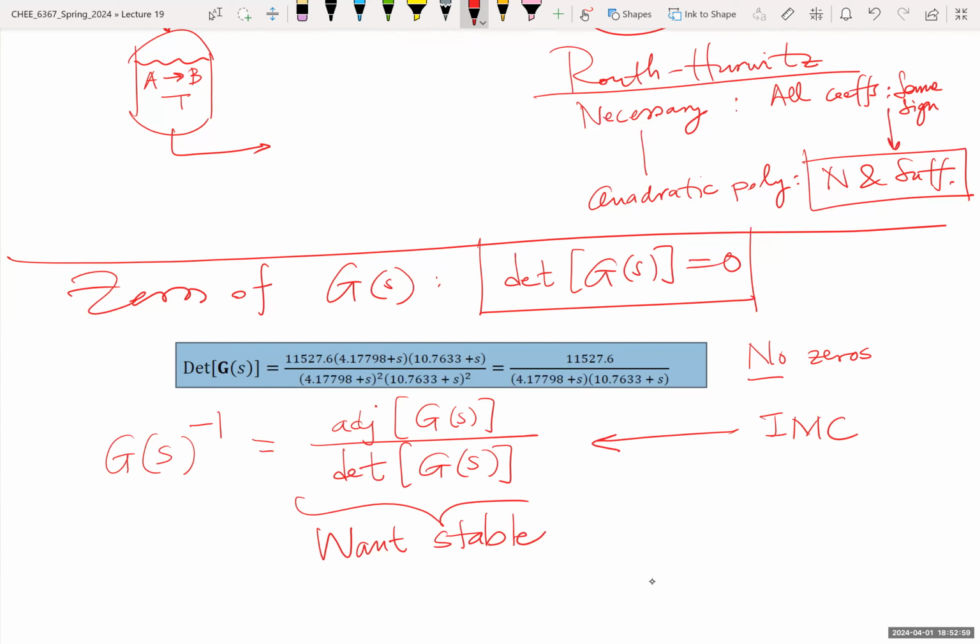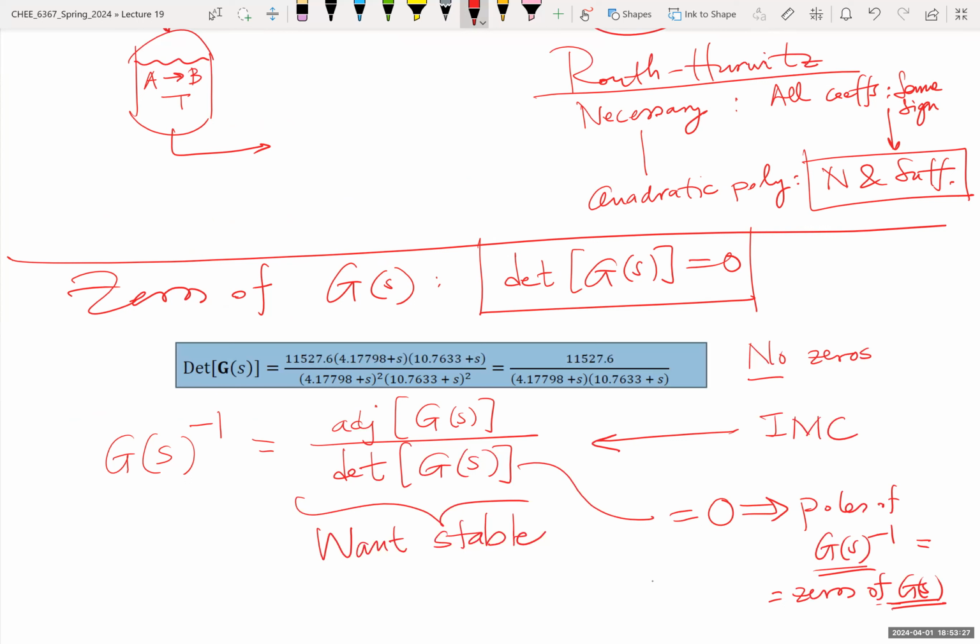To check whether this is stable, you look at the determinant equal to 0, which gives you poles of G inverse, which are zeros of the matrix G(s). Okay, that's the idea, and that's what example 2 in the notes gives.